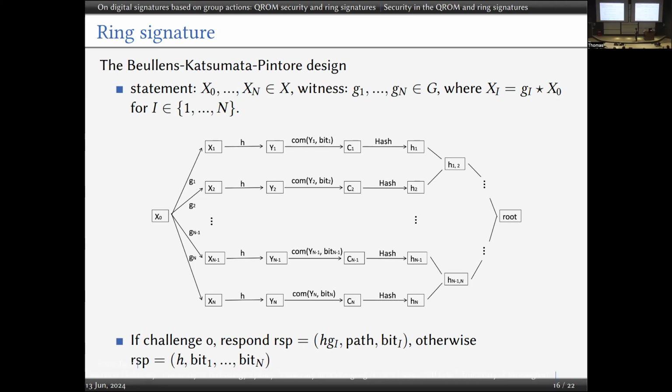Otherwise, if the challenge is 1, we have the response h and bits b_1 to b_n. Because x_1 to x_n are all public, with h we can get y_1 to y_n, and with all the bits we get c_1 to c_n.